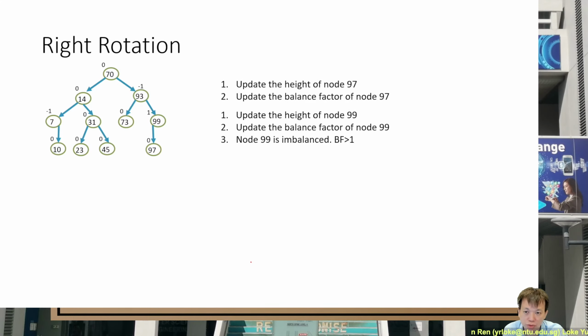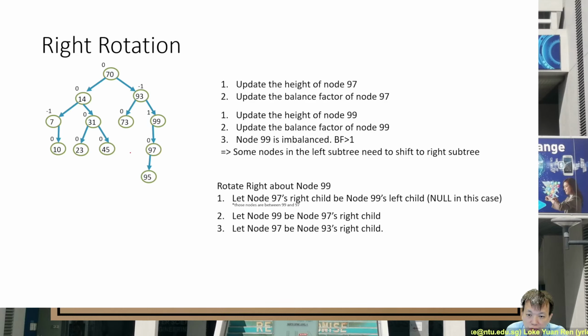By doing this, I think the order is: I need to first update after you do the insertion. After you do the insertion successfully, you return back to node 97. First, you need to update the height of node 97. Originally it was only one node, so the height was 0.